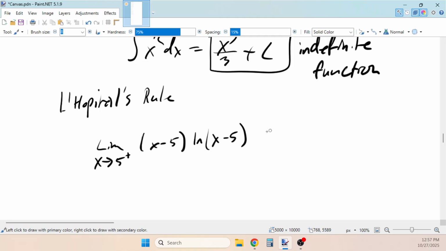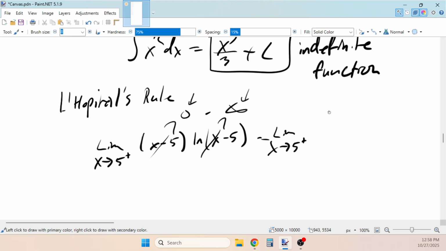We have this here. This, of course, goes to 0. This is infinity. That makes the form 0 times infinity. Rewrite this as x goes to 5 from the right. We have to pick one to be over the other.